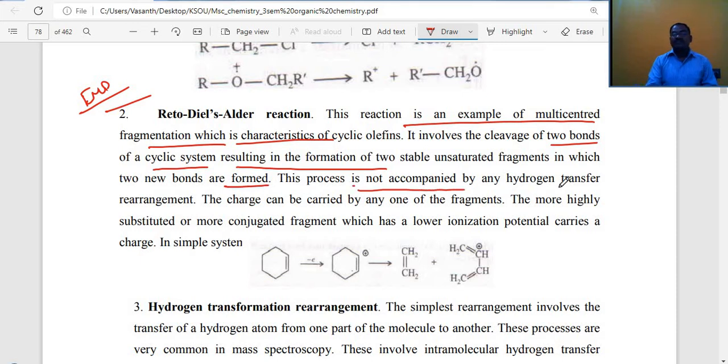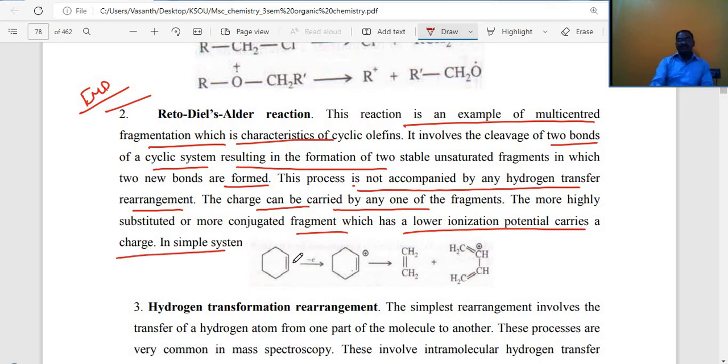This process is not accompanied by any hydrogen transfer rearrangement. The charge can be carried by any one of the fragments. The most highly substituted or more conjugated fragment, which has lower ionization potential, carries the charge.